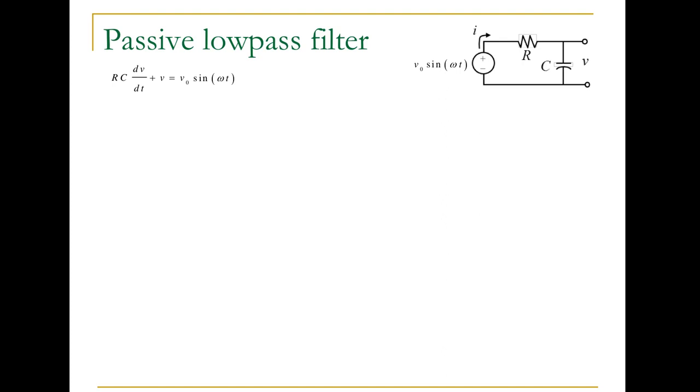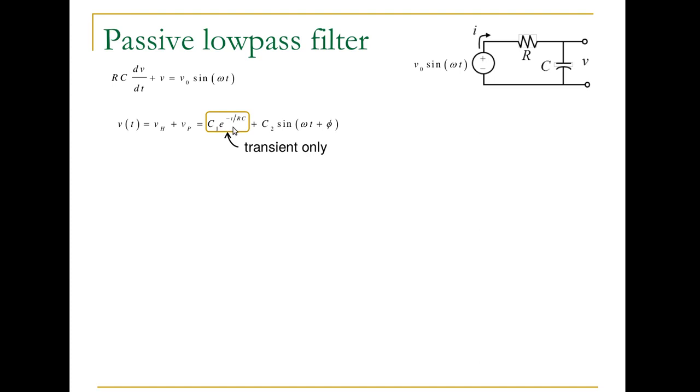Now if we wanted to have the harmonic response of this system, then our forcing function would be sinusoidal. So we had that shown here. The time response will be the sum of a homogeneous solution and a particular solution. And those are shown here.